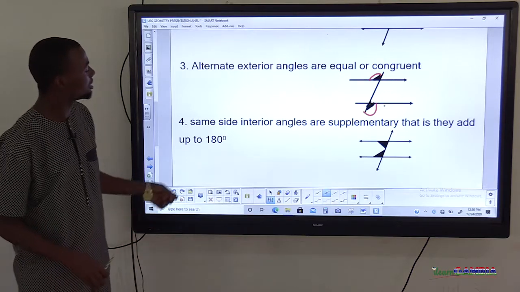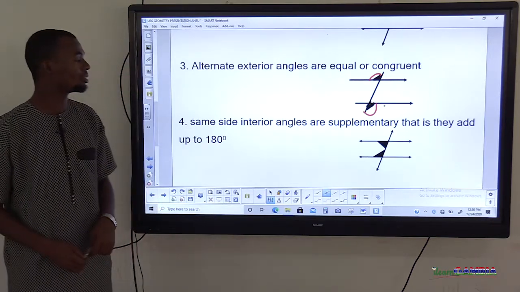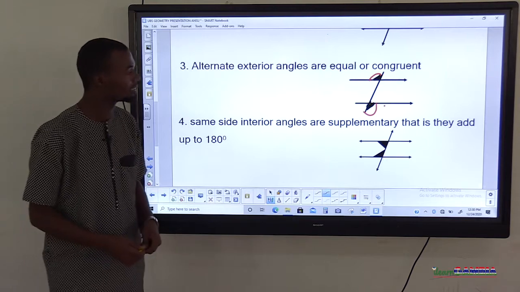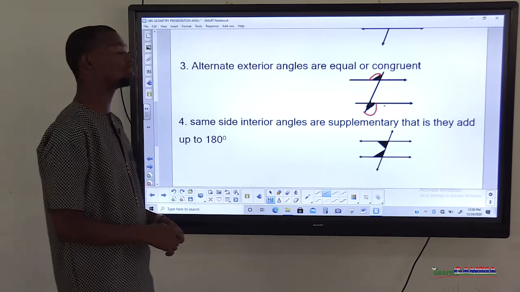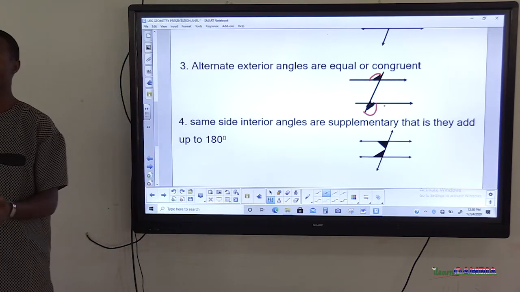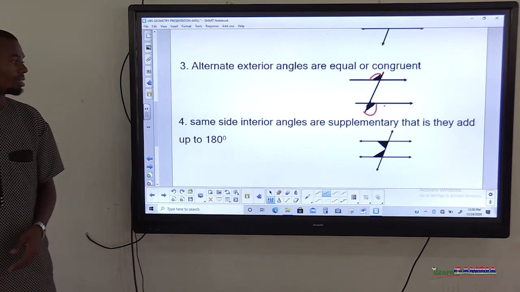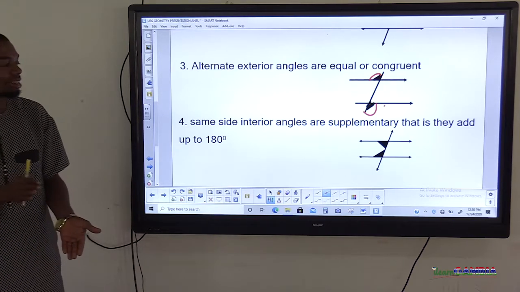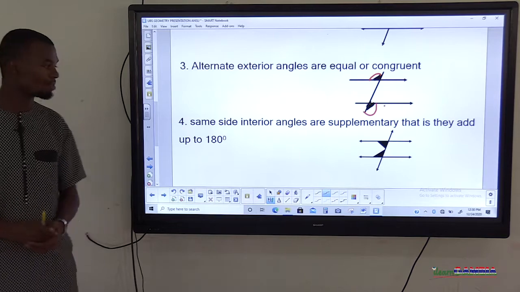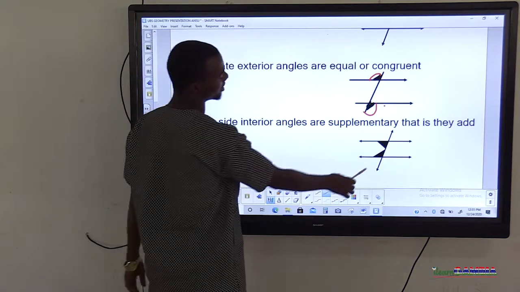So we go to the other one. Same side interior angles are supplementary. That is, they add up to 180. Same side here means same side of the transversal.